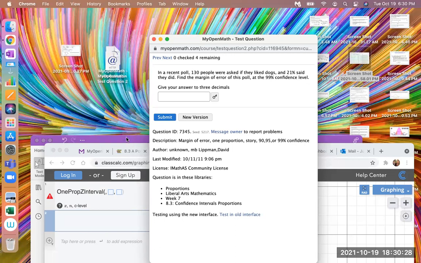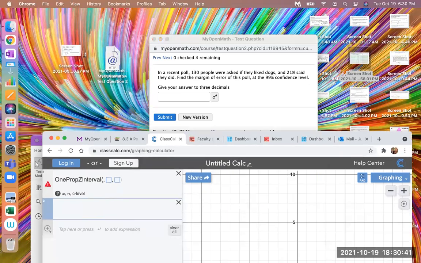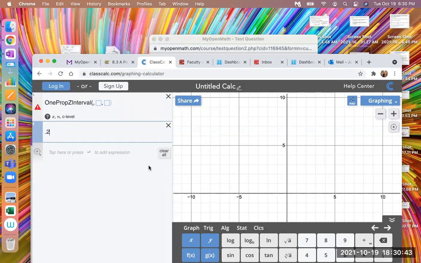So I just go 0.21 times 130, which is 27.3.